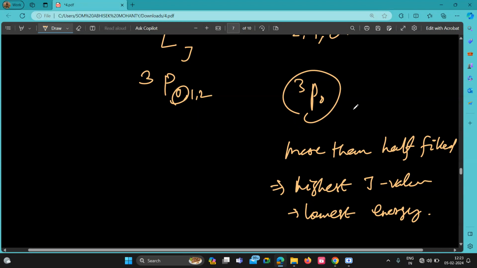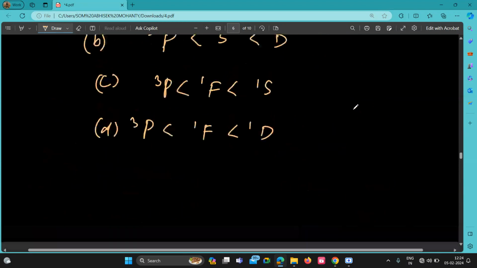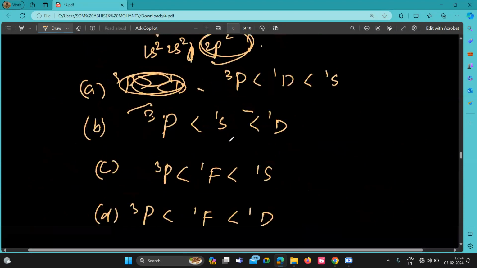Okay, then what is there in the second one? 1D, 1S, 1F. So here what is the answer? Can you tell me? What is the next lowest?